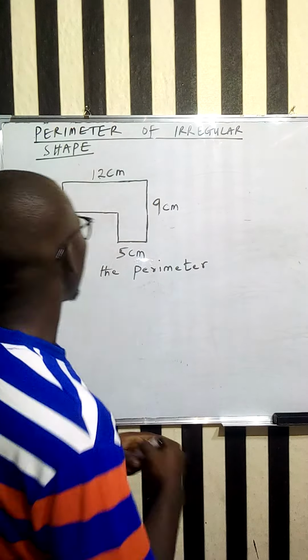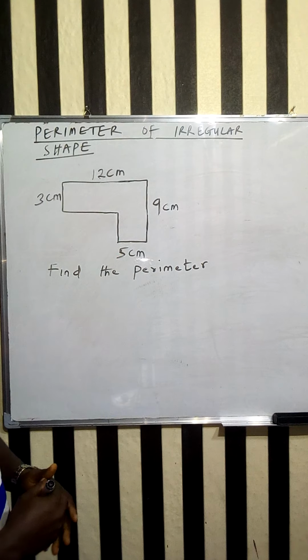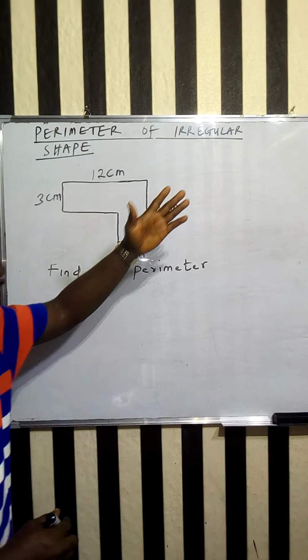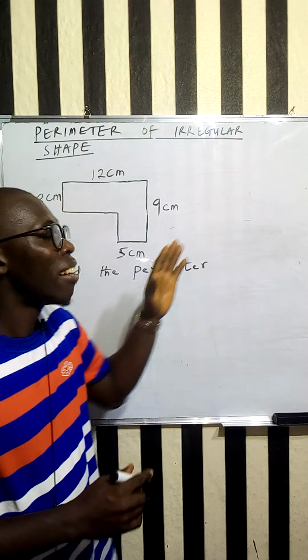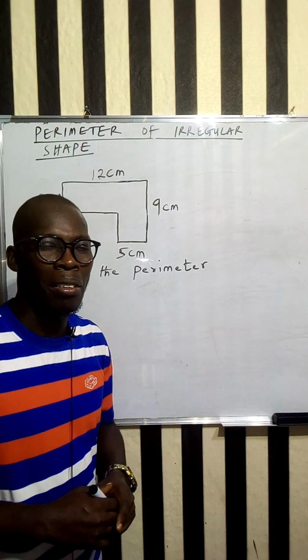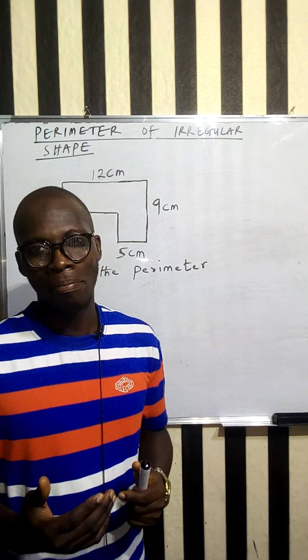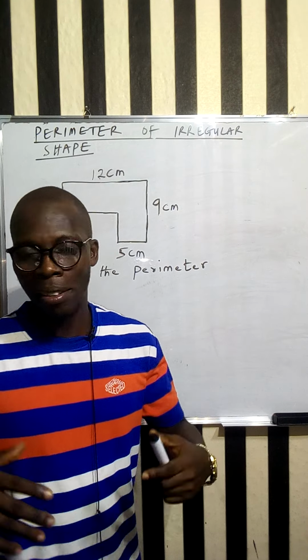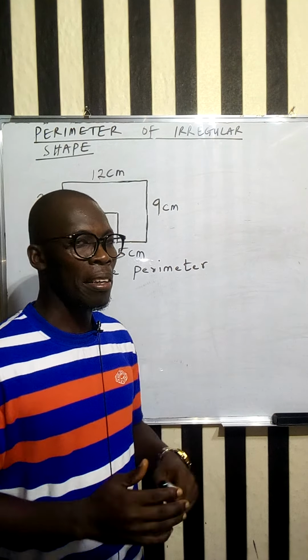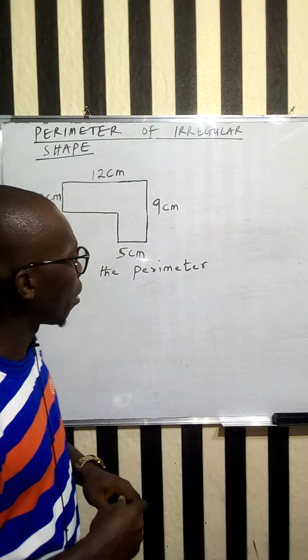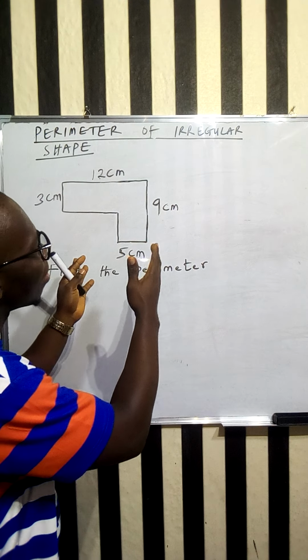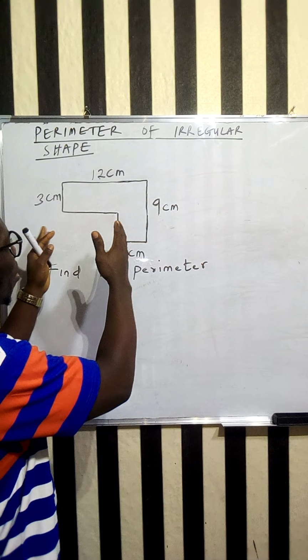Okay. Now when you have this kind of question here, these are irregular shapes. The reason why it is called an irregular shape is because it is not a common shape that we know, like a rectangle, squares, and the rest of them. It is not a regular shape.